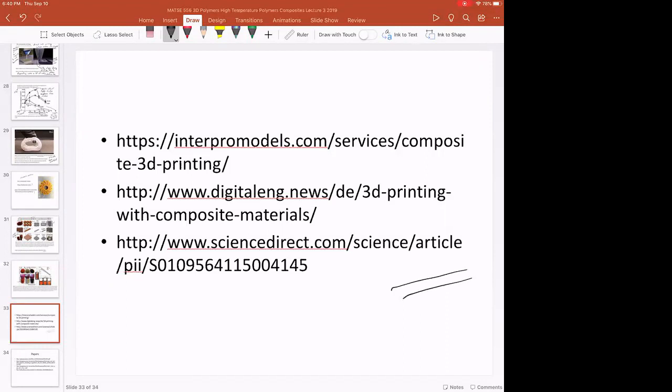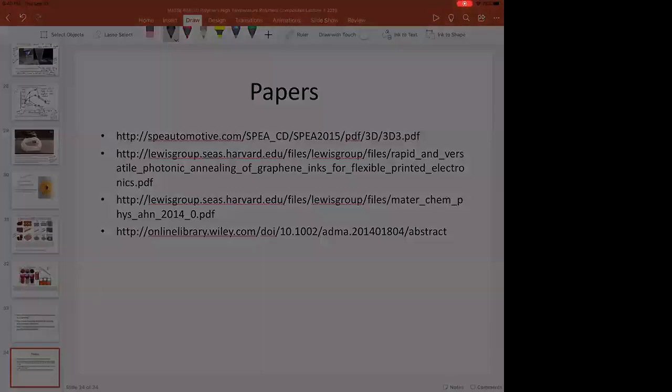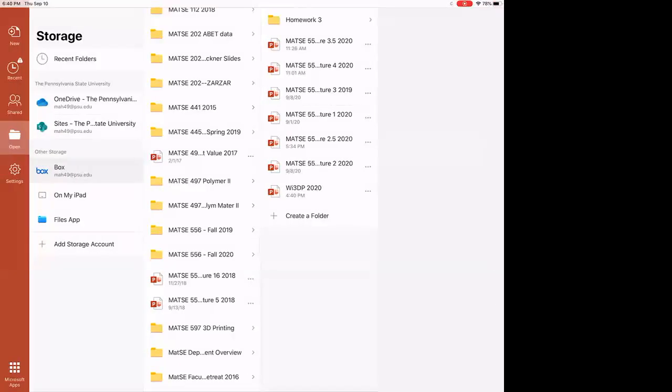And so depending on what type of homework assignments you want to do and what you want to learn as the semester goes forward, I encourage you to both consider polymer-based AM, but also moving towards composite AM, because that's certainly where the field is moving in terms of new materials and additive manufacturing. And there's a lot of papers out there for you to check out. So we'll just take a look at the next lecture, which I think is lecture 3.5, right here.